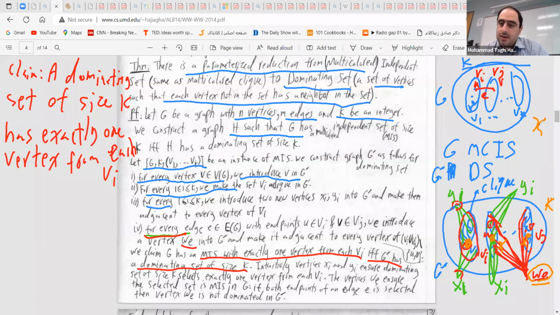And every other thing that we have done was polynomial in N and K as well. That shows that, in some sense, dominating set is a harder problem than independent set. Now, let me clear everything.